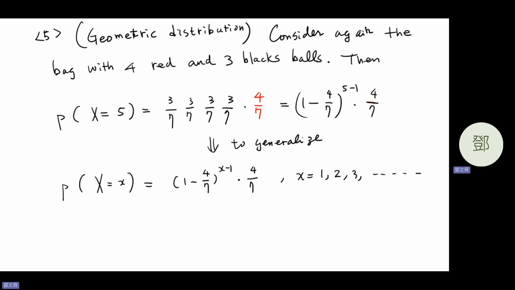Geometric experiment: once you succeed, then you don't have to do it again. The experiment is done over and over again until a success occurs. Like the first example, blind date. Once you like each other, then you don't have to attend any other blind date again.